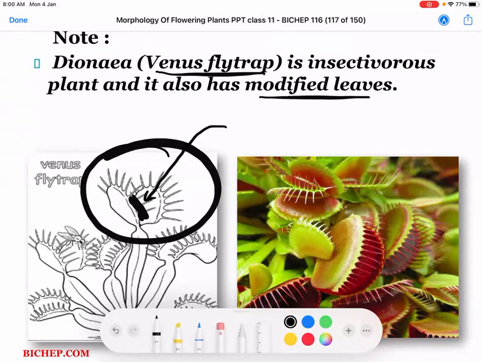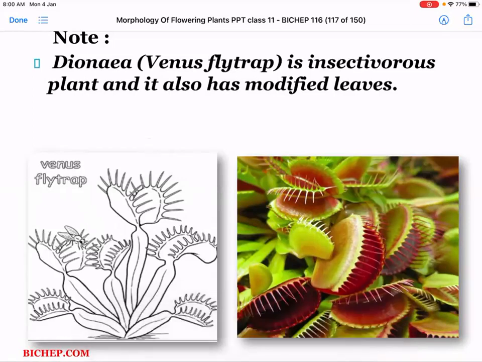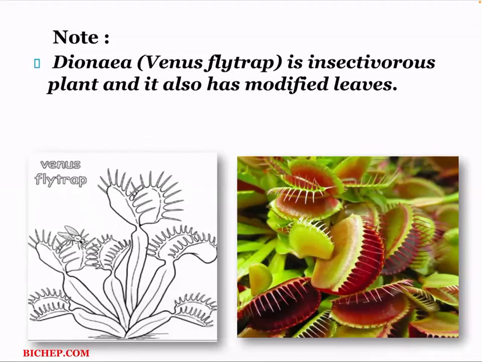When it touches that, both leaves are clamped very tightly. That is why it is called a flytrap. It acts as a trap to catch the prey or insect. Please take the screenshot.